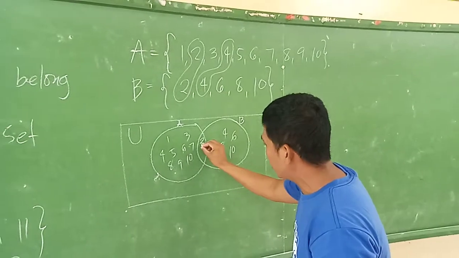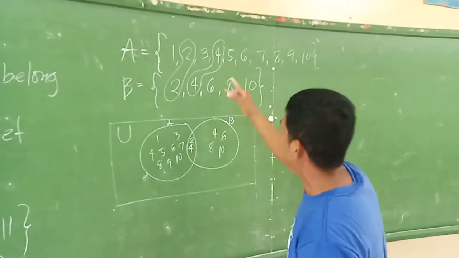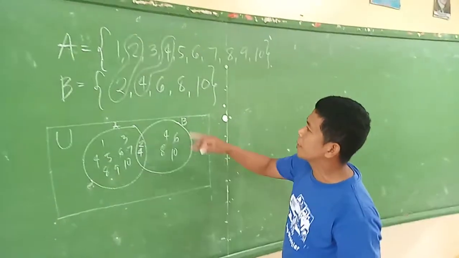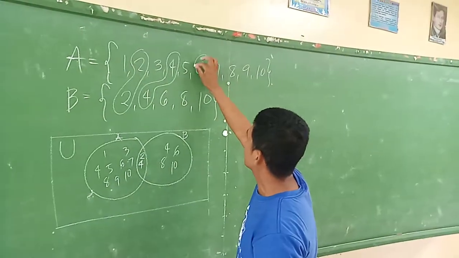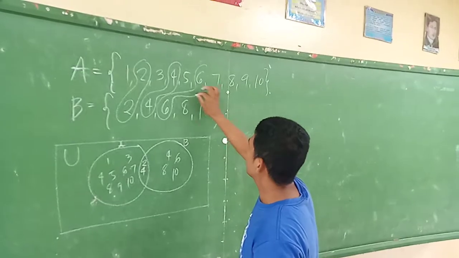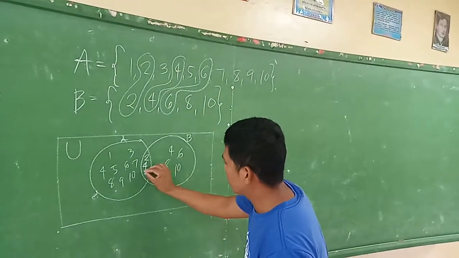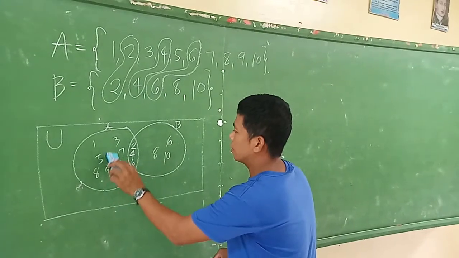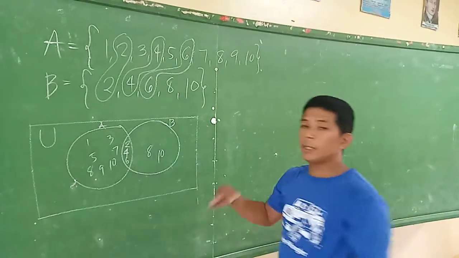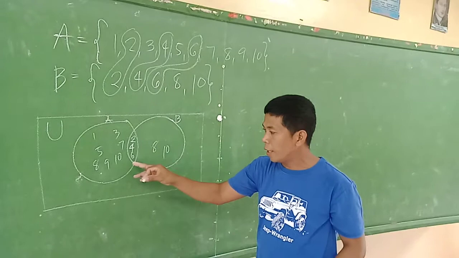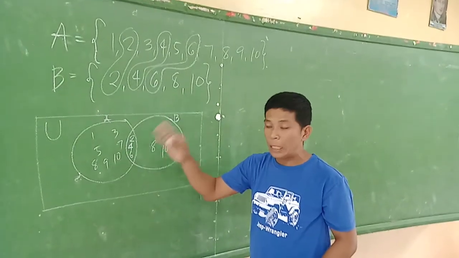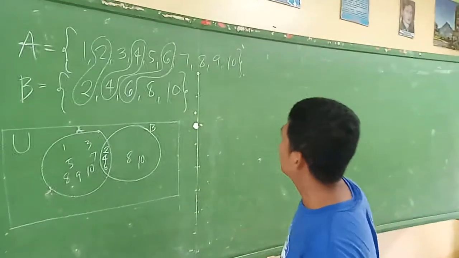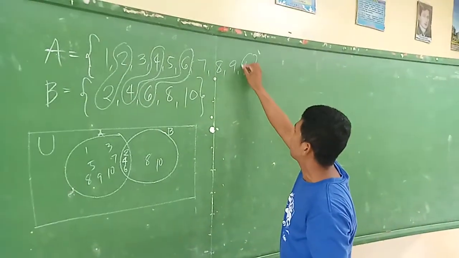We are going to write this in the center. And what else? We have number 6. We are going to erase 4 and also 6, because elements in the middle belong to both set A and set B. And also we have number 10.